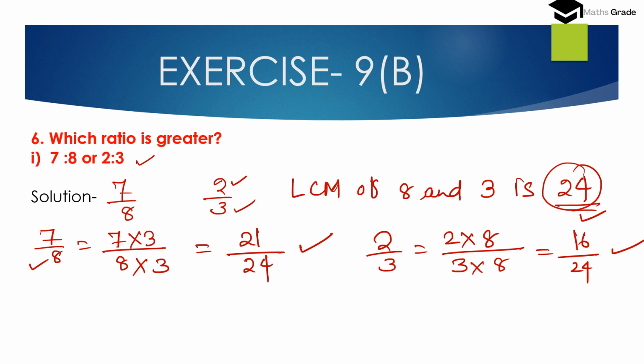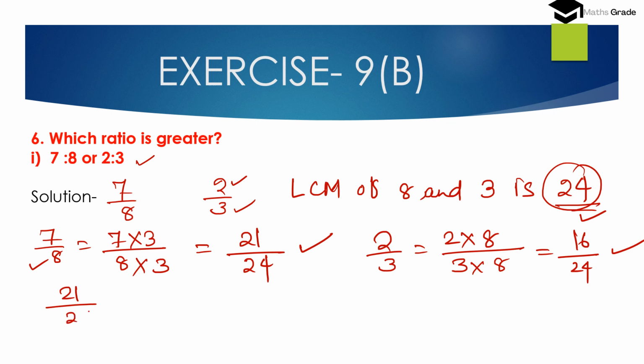Now the equivalent ratio of 7 divided by 8 is 21 divided by 24, and 16 divided by 24 is the equivalent ratio of 2 divided by 3. Now in both these ratios, 21 divided by 24 and 16 divided by 24, the consequent is equal, that is 24.